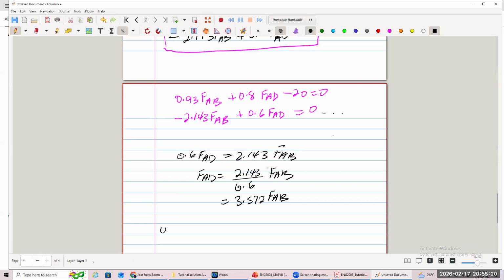So it will be 0.93 FAB, leave that as is, plus 0.8, open bracket, 3.572 FAB, close bracket, minus 20 equals 0.